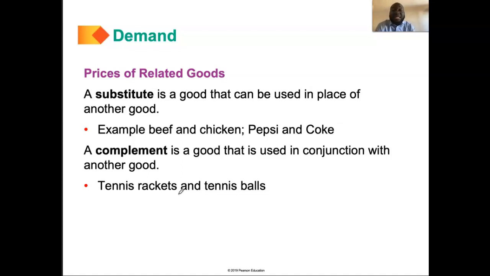And a tennis racket is basically useless without a tennis ball. And to some extent, a tennis ball is basically useless without a tennis racket as well, unless you want to play some form of beer pong. But anyway, you guys don't drink, so right? And we have peanut butter and jelly, okay? So those goods are complements because they are used together, right?